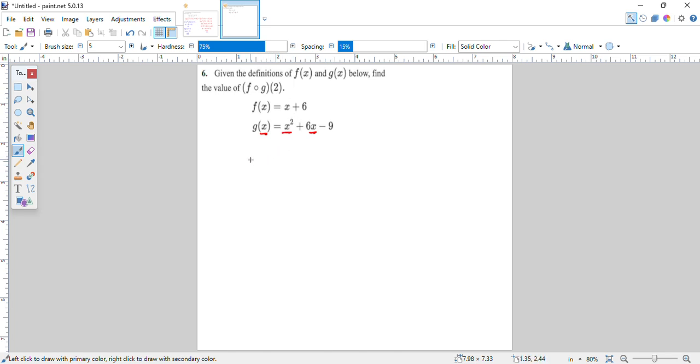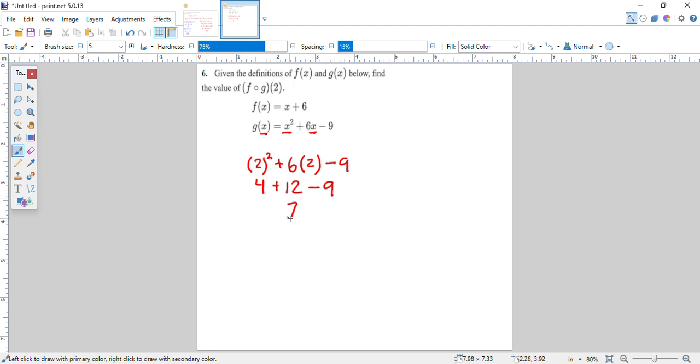So x squared, that's going to be 2 squared plus 6x, so 6 times 2 minus 9. And then we're just going to solve. 2 squared is 4, 6 times 2 is 12, minus 9. 4 plus 12 is 16, 16 minus 9 is 7.